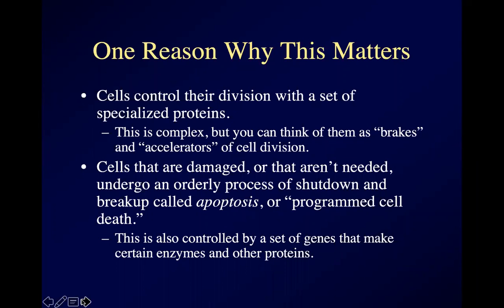They all collectively got the message to shut down and break up into little pieces, and the tissue that used to be in between your fingers just faded away. The cells that made it up broke apart, and now you have separate fingers. And if that didn't happen, you'd have webbed fingers, of course.